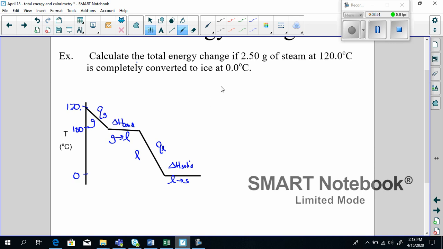We will write that our delta E total, in this case, is going to be the sum of all 4 points: q of our gas plus delta H condensation plus the heat for our liquid plus delta H solidification. Once we've calculated all 4 of those variables, we can come back, add them together, and then we should come up with a final answer.